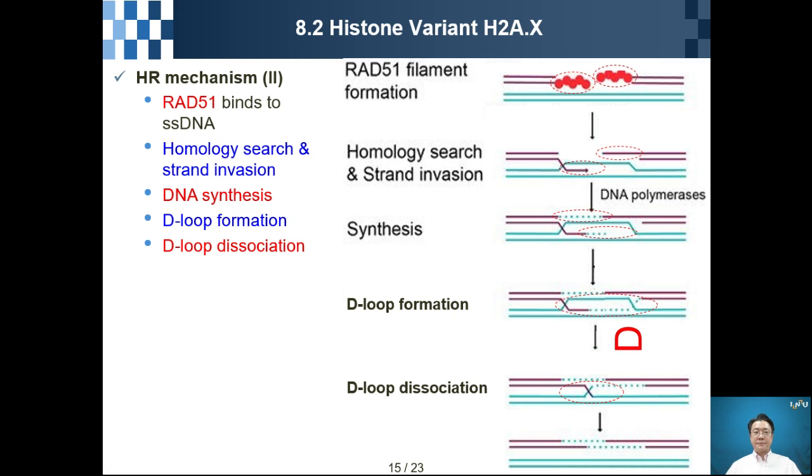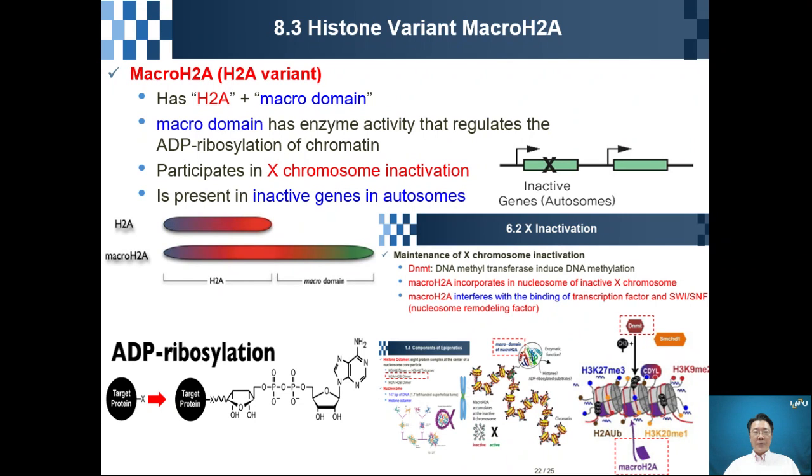In this slide, I will explain the third subject, histone variant macroH2A. MacroH2A is an H2A variant. This is the H2A structure, and macroH2A has the H2A structure. In addition to H2A, they have macro domains. So this is the H2A domain, and they also have a macro domain.